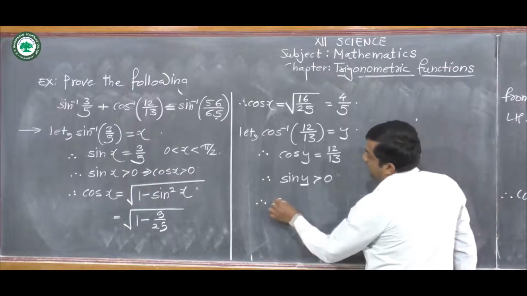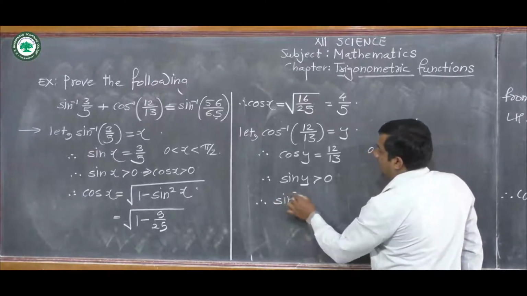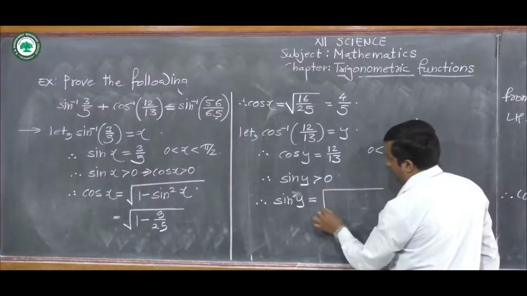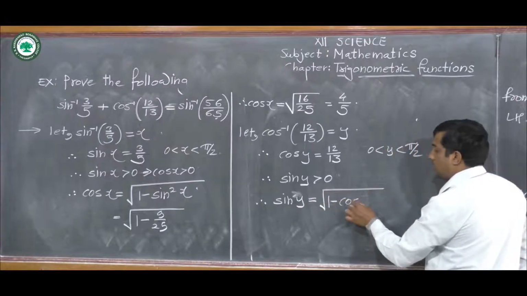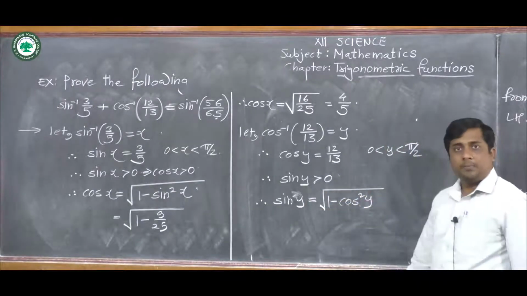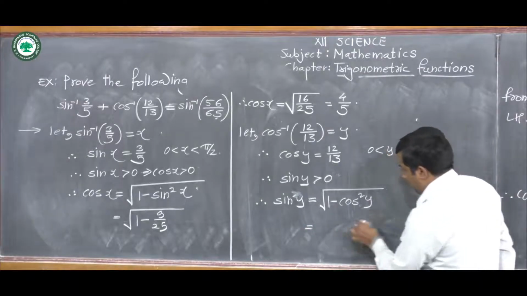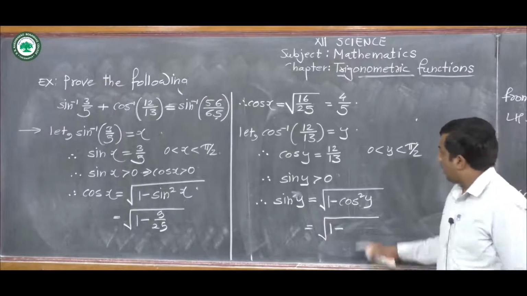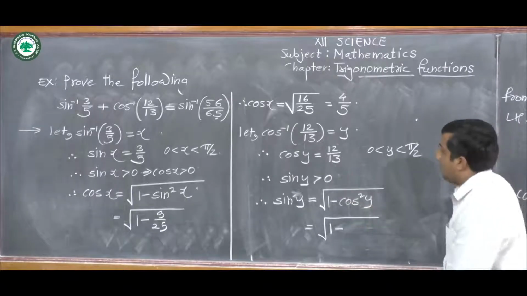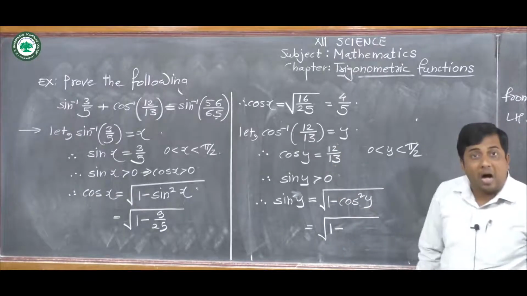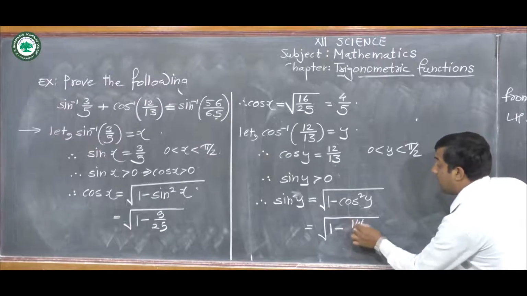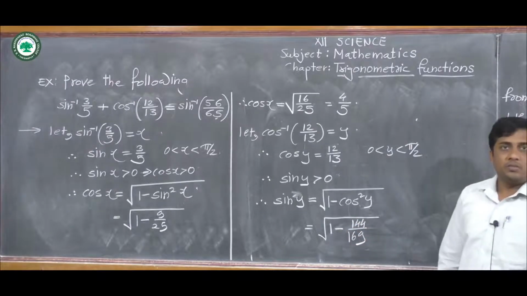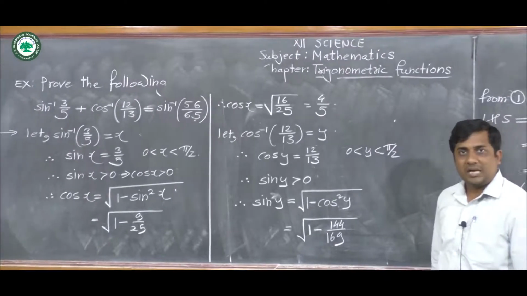Sin y is equal to the square root of 1 minus cos square y, which is the square root of 1 minus, we know cos y is 12 by 13, and 12 by 13 squared is 144 upon 169.